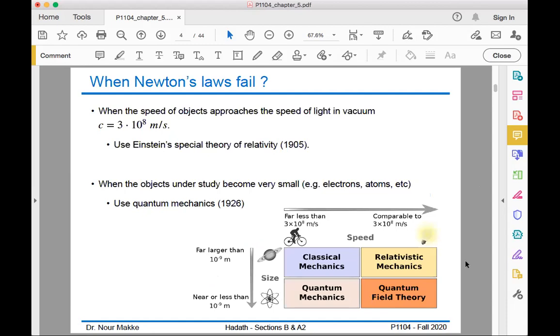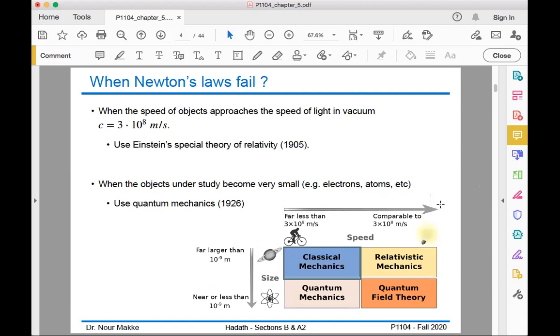Before we start and introduce Newton's laws and the statement of these laws, we're going to stop on one important point: when Newton's laws fail. In principle, we can apply Newton's laws in the general case. So look at this picture. In this picture, you have two axes.